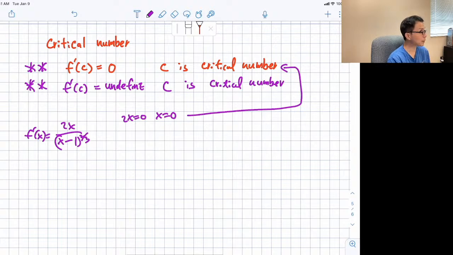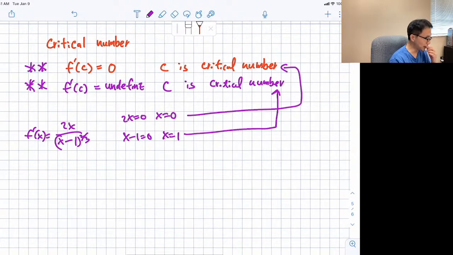Because top equal to 0, that's a critical number. Or the bottom. It doesn't matter the 2/3 power. So you can have two critical numbers in this case. So you have to pay attention to those.